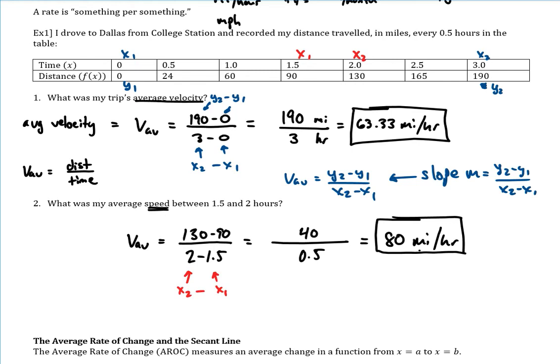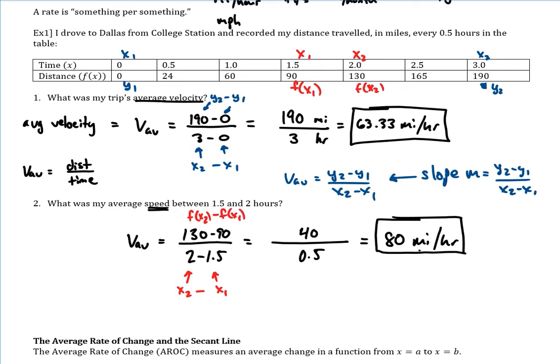Now instead of saying my y coordinates, how about I use my f of x? So to get my second y coordinate, I would have plugged the x little 2 into my function. So this is really f of x little 2, and this would have been f of x little 1, just to show it in a different way. So instead of y's, I'm using it like this.